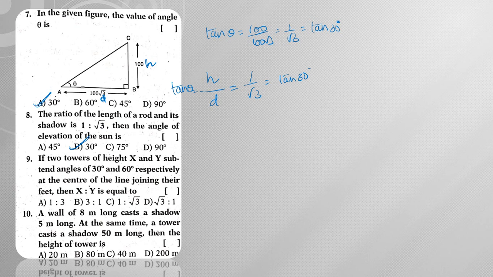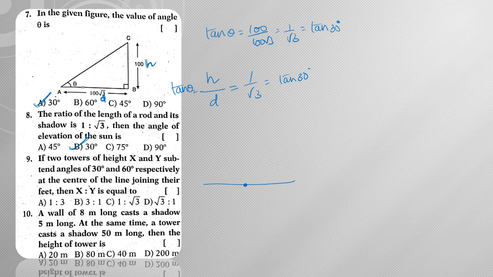Next, if two towers of height x and y subtend angles 30 degrees and 60 degrees respectively at the center of the line joining their feet, then x is to y is equal to what? So there are two towers, and from the center, one is making a 30 degree angle and the other one is making a 60 degree angle.